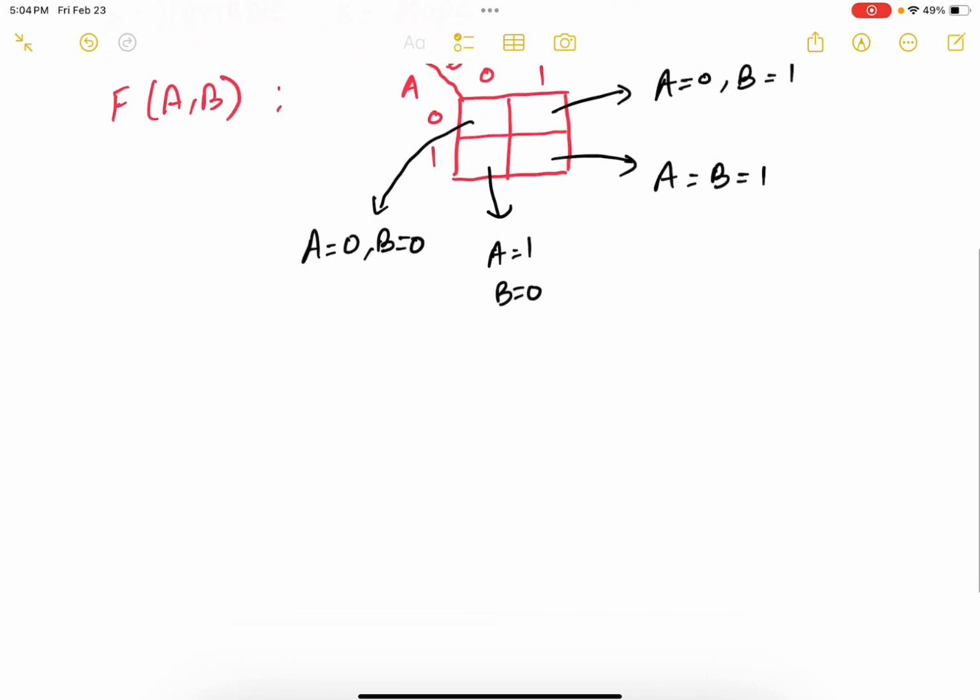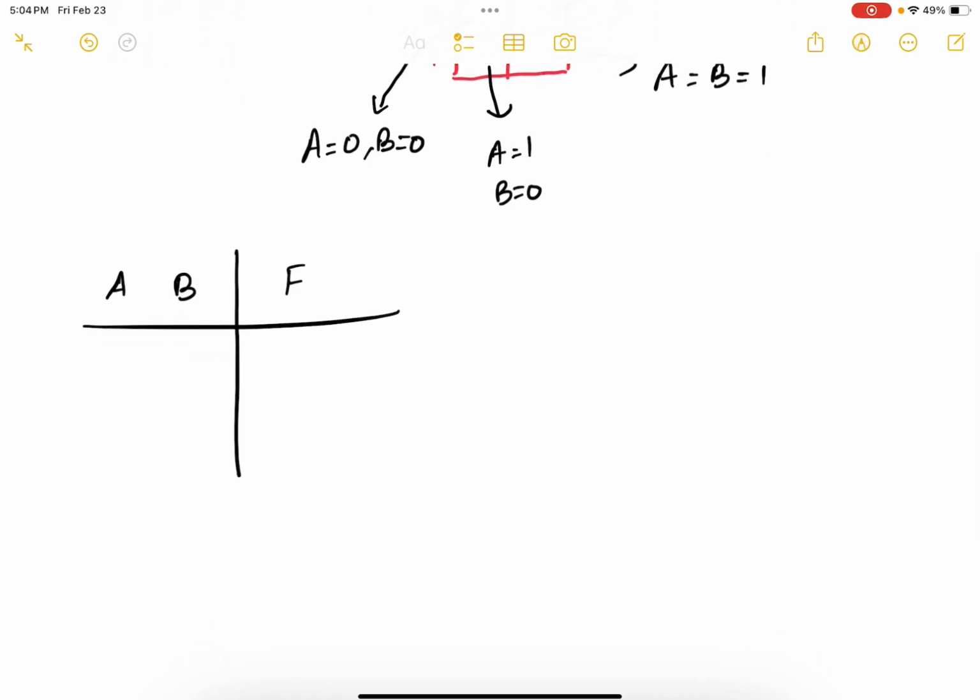Let's take an example with two variables a, b. So 4 combinations. And your f is 1 and 1 for the first 2 combinations and 0, 0 for your next 2 combinations.